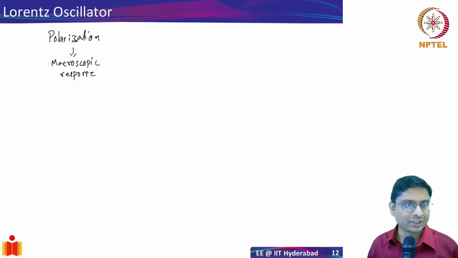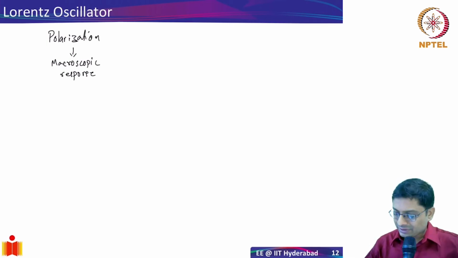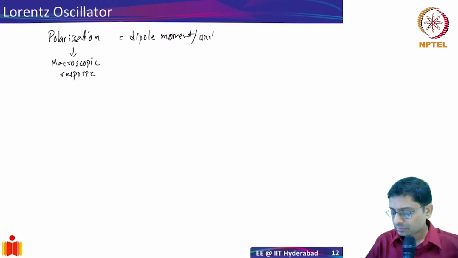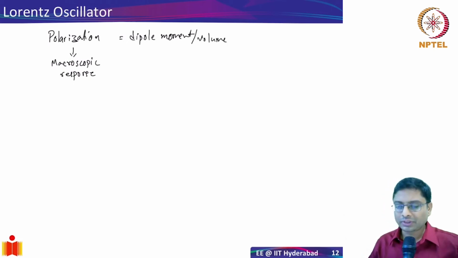Let's say if I take glass, the density of atoms, or rather molecule SiO2, is same everywhere. So it is averaged out, and overall you have a polarization that occurs. And that polarization is simply, by definition, dipole moment per unit volume. Okay, this is my polarization.